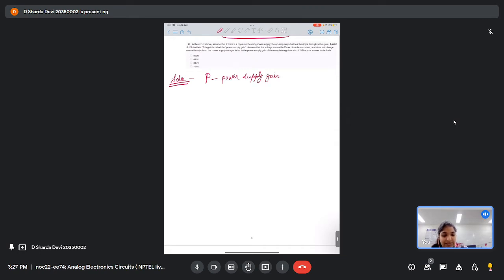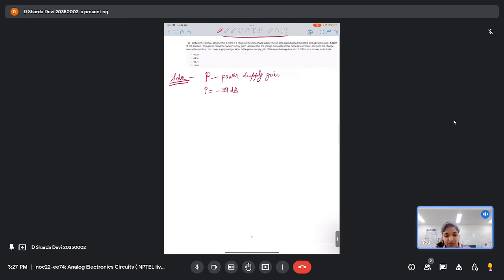This is the same gain they are talking about. So P is minus 29 decibels.